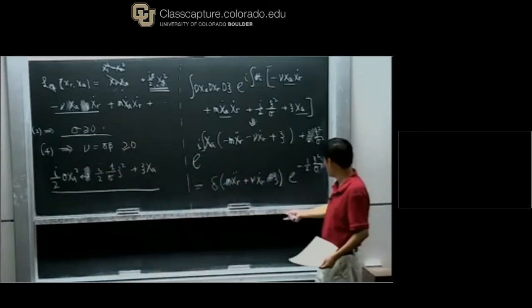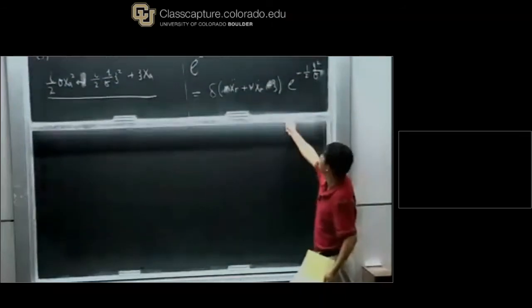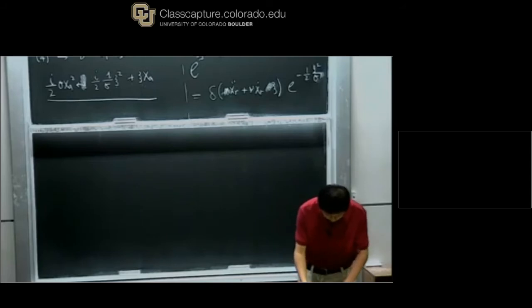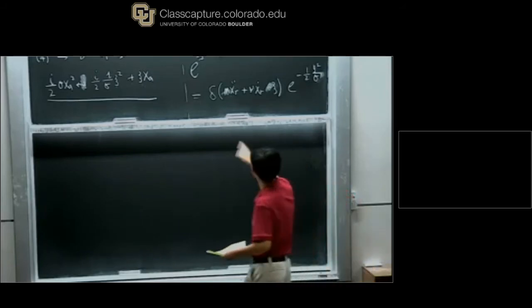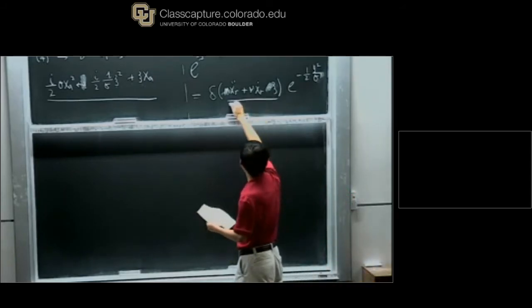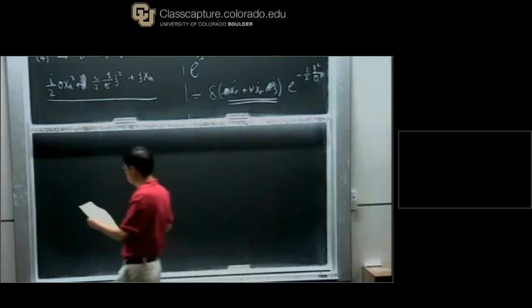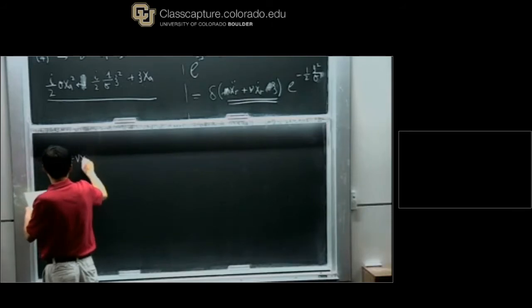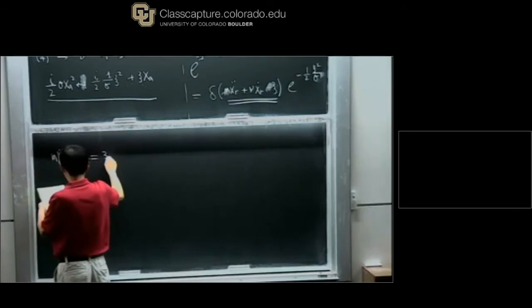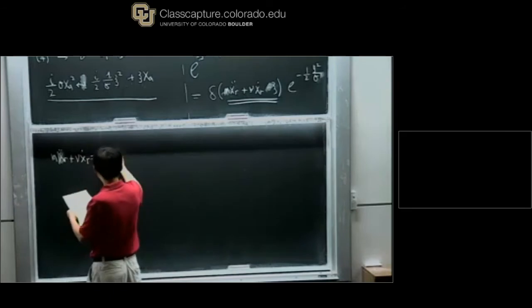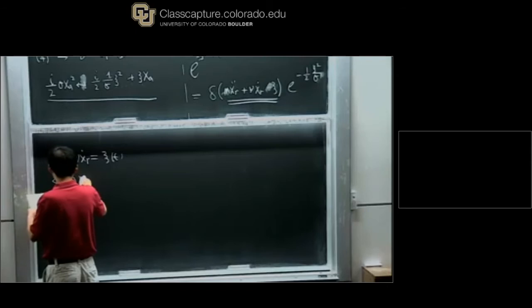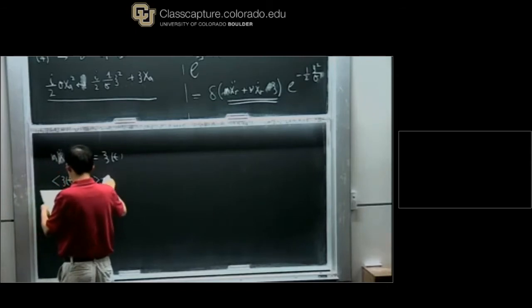Now this system just becomes something we're familiar with. We just have an equation of motion, and we can evaluate this as an equation of motion with psi, and this psi is a stochastic force with a Gaussian distribution.